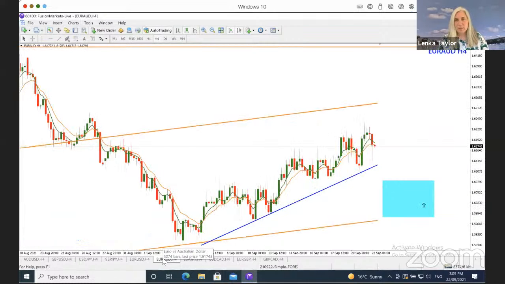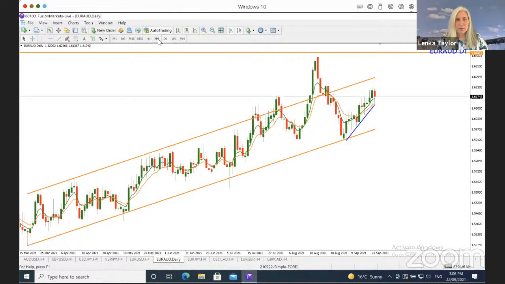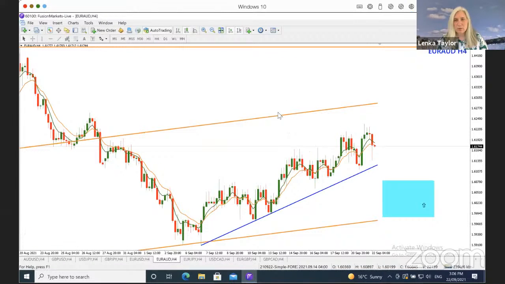Next currency pair I'm looking at is Euro AUD. And Euro AUD, I'm looking for a long opportunity just up to that horizontal. I would prefer to wait until the price is there and look for short, but at the moment there is still quite a bit of room. So looking at a long only if the price action comes back down to the bottom of the channel.